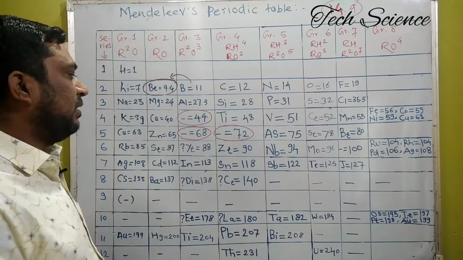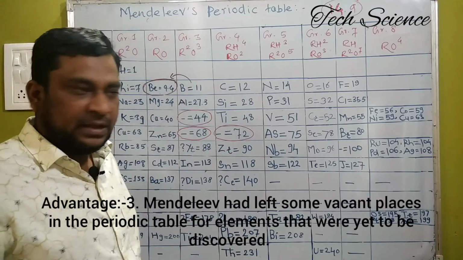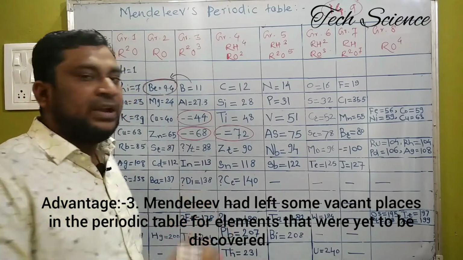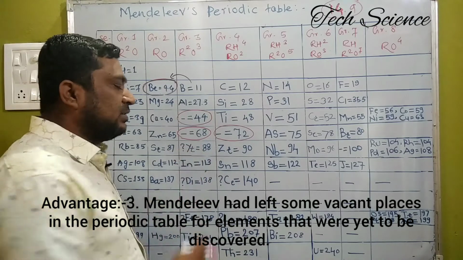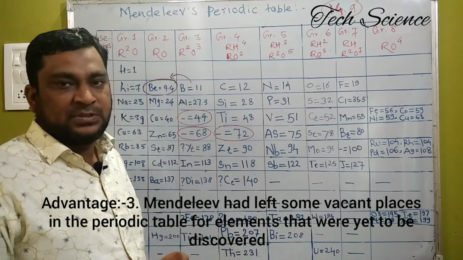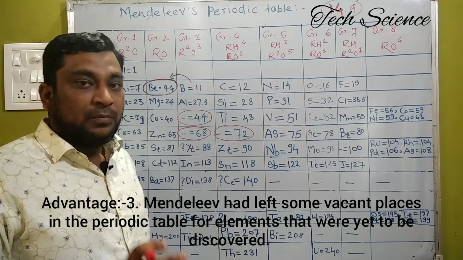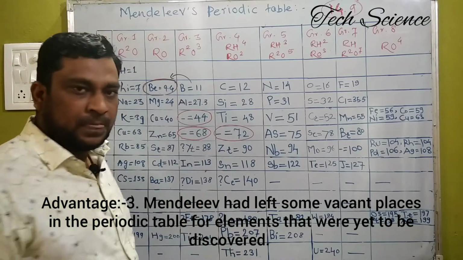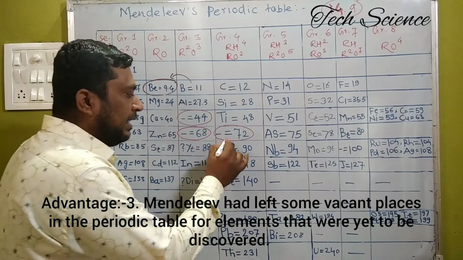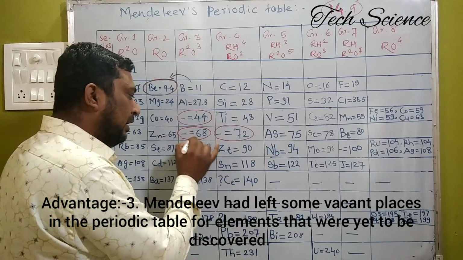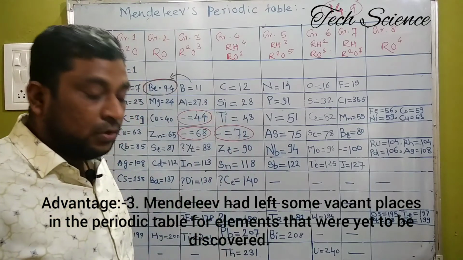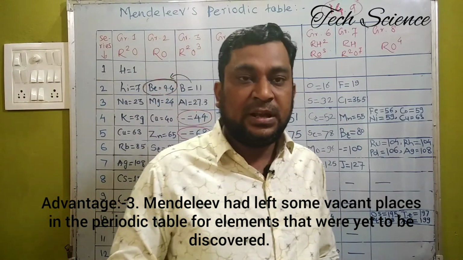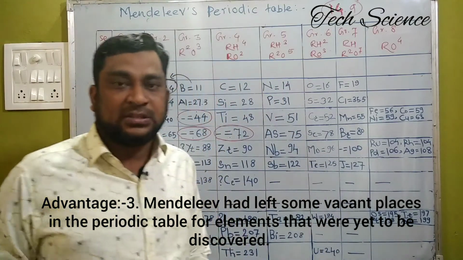So Mendeleev kept these vacant places in advance, although these elements were not yet discovered. And Mendeleev gave these elements names, like Eka-boron, Eka-aluminium and Eka-silicon. Not only atomic mass, but Mendeleev also predicted their physical and chemical properties, which were yet to be discovered.